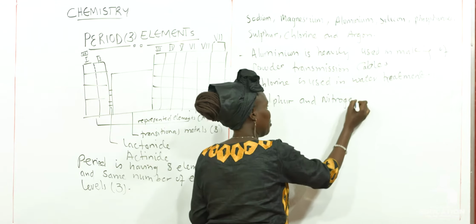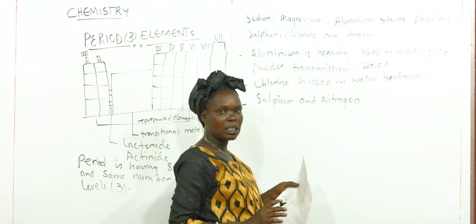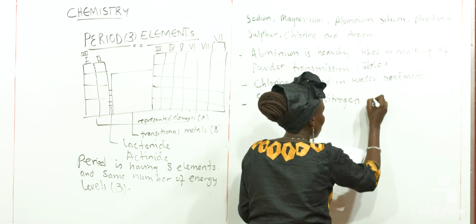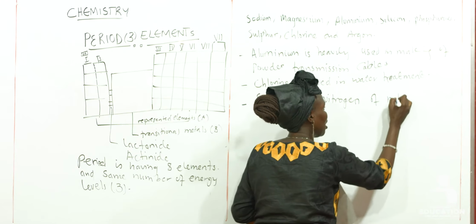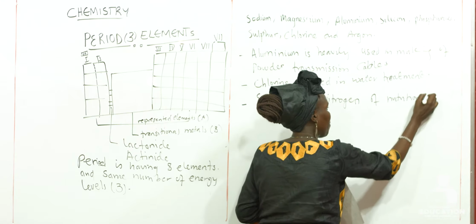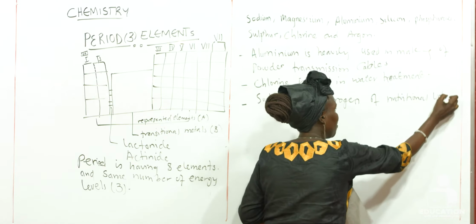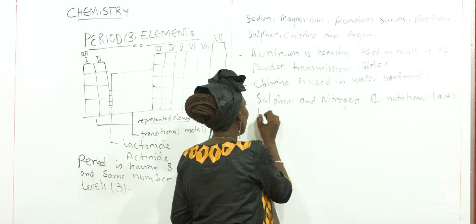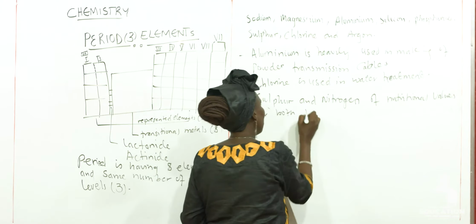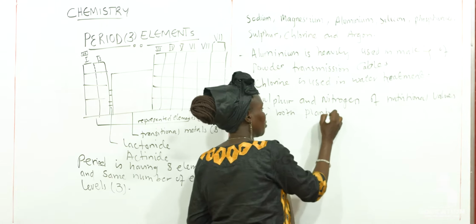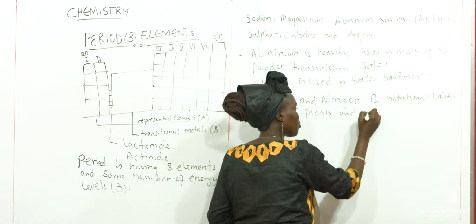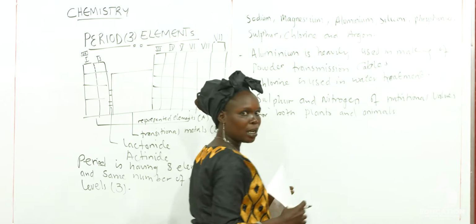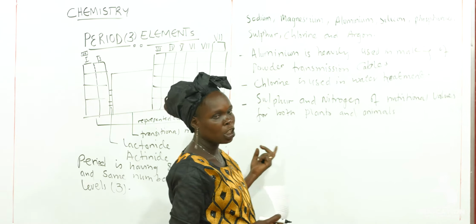Also, these two elements are considered to be of nutritional value for both plants and animals. For both plants and animals, it is very important in nutrition.